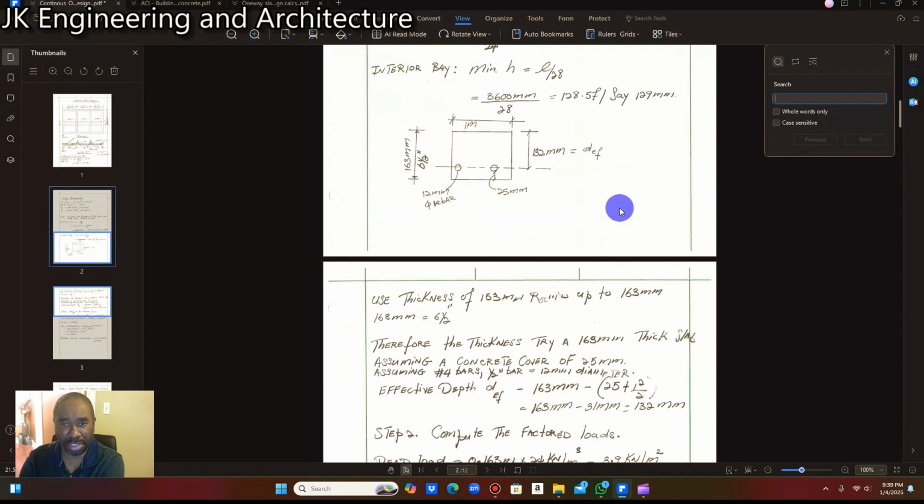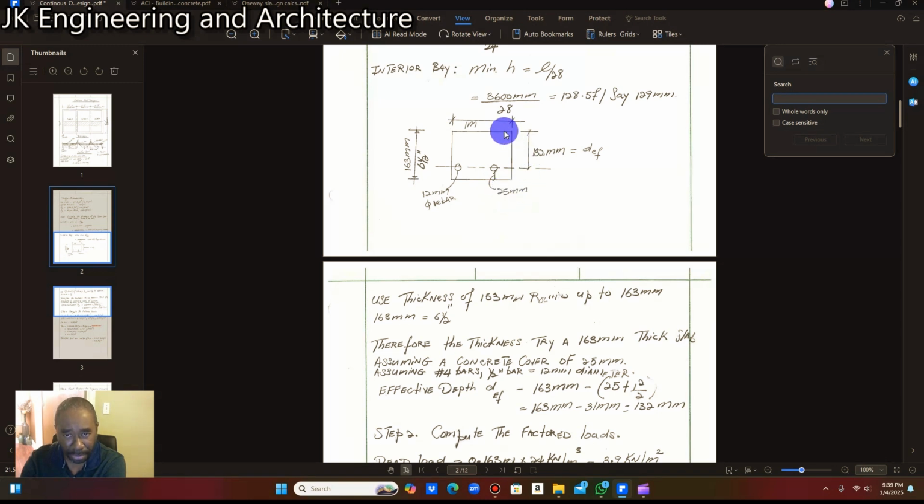So let me give you a better description. We choose a 1 meter strip, or 1,000 millimeter, and the depth is going to be 163 millimeter or 6.5 inches. We estimate the rebar to be number 12 diameter bar, and we estimate our cover for the concrete to be 25 millimeters.